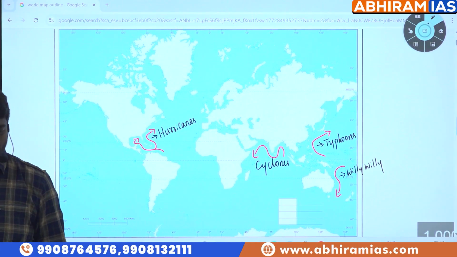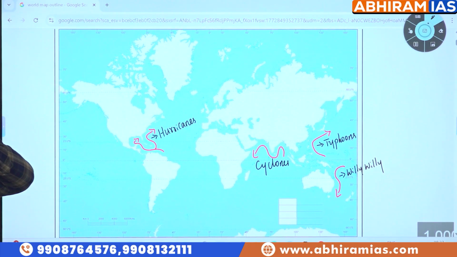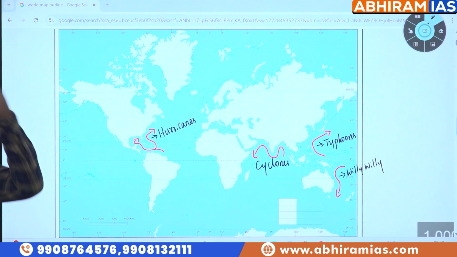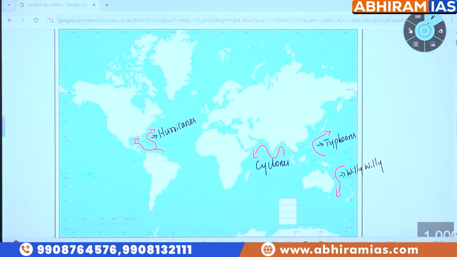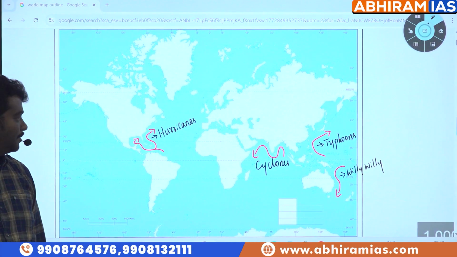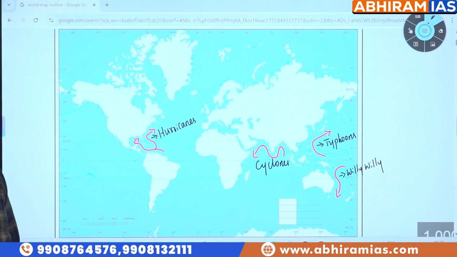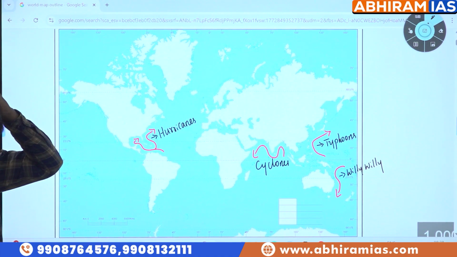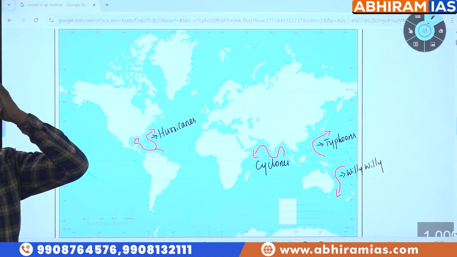Okay, you write the word below: eastern side of the continents, in lower latitudes, hyphen warm currents, and leads to cyclones, right?